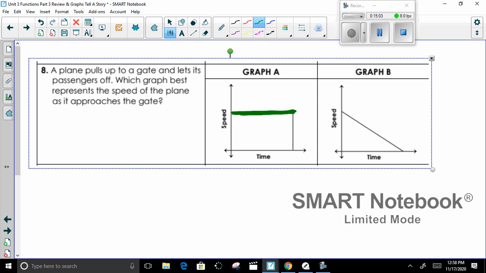And then all of a sudden, that plane pretty much has no speed. The speed all of a sudden decreases. Whereas this one, your speed is steadily slowing for when that plane gets to the gate, and then it stops. So graph B would be the best option there.